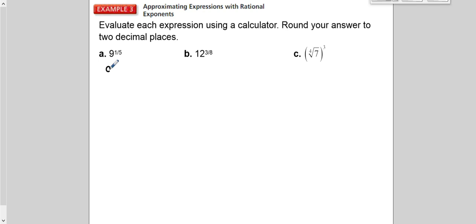So when you put this into a calculator, you're going to use the 9, and then that button with the up arrow called a caret, and then parentheses 1 divided by 5. So you're raising 9 to the 1/5 power, and you get a decimal that goes all the way across your screen. We want to round your answer to 2 decimal places.